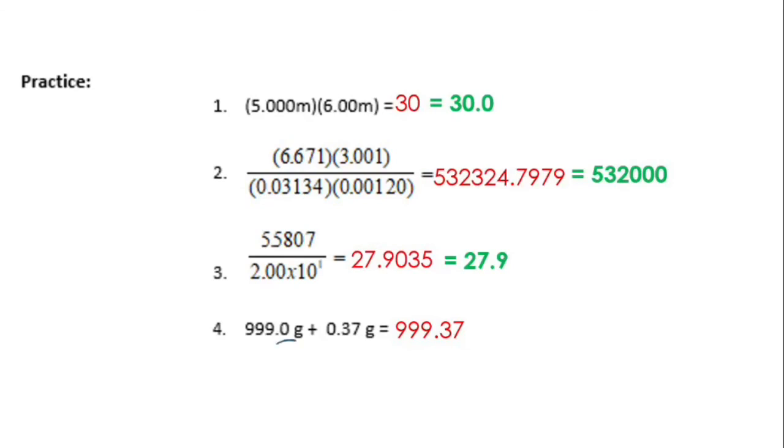So my first number here only has 1 digit past the decimal, 1 decimal place. Our second number has 2. So if we're keeping the least number of decimal places, that means that we should only keep one decimal place in our final answer. So I want to round this to that first decimal place, which means the 7 does get that chance to round the 3 up to a 4.